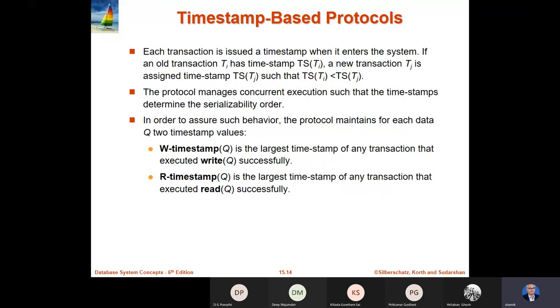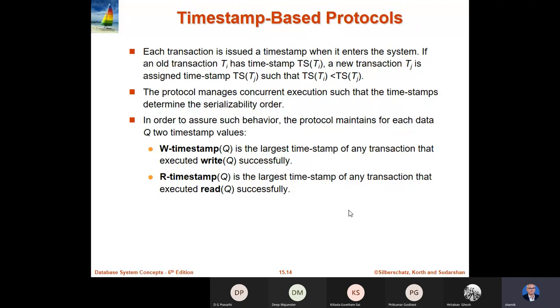Now what we'll do is talk about another kind of protocol, which does not make use of locks, and these are called timestamp based protocols. So we'll take a look at some of those here. Just remember that in timestamp based protocols, in the vanilla version that we are going to discuss, they do not consider any form of locking at all.